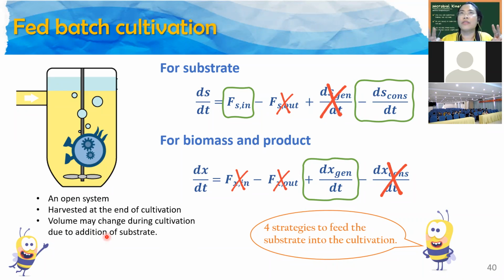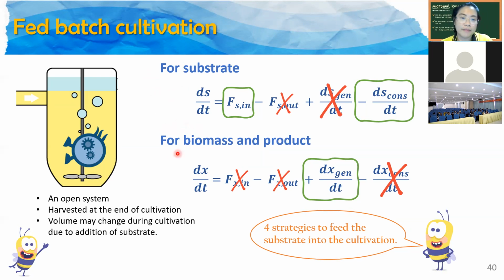Actually, hypothetically, fed batch cultivation is not supposed to have a volume change, but that's in theory, in the ideal situation. We'll talk about how we feed in and how the volume could change or might not change. But first, have a look at the mass balance in the fed batch cultivation.